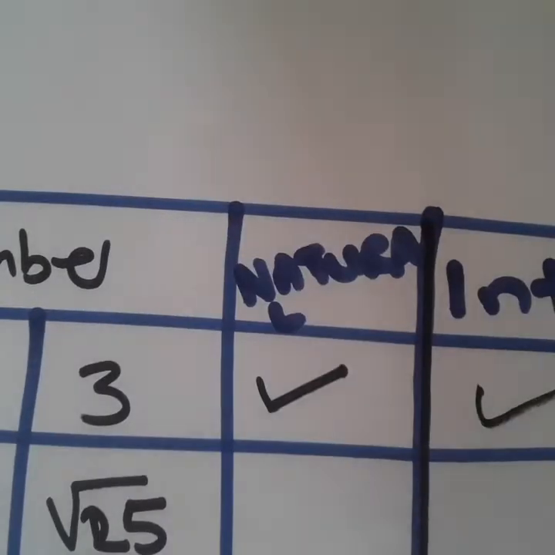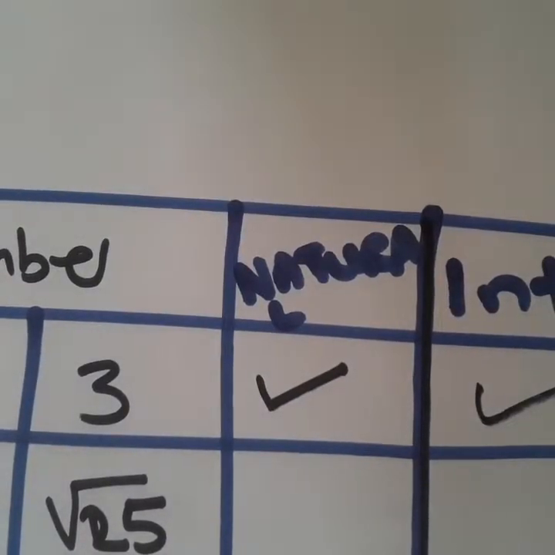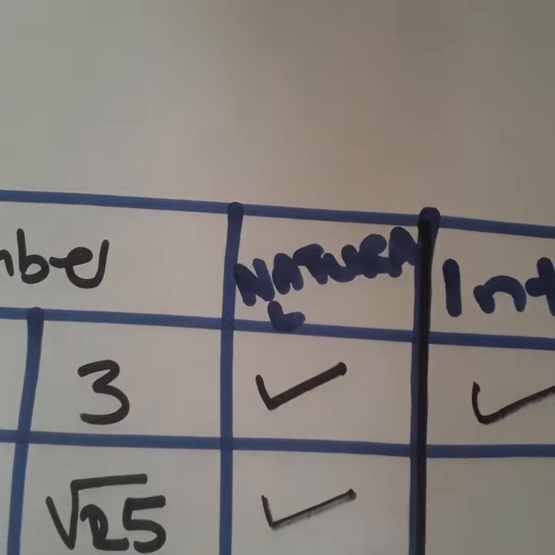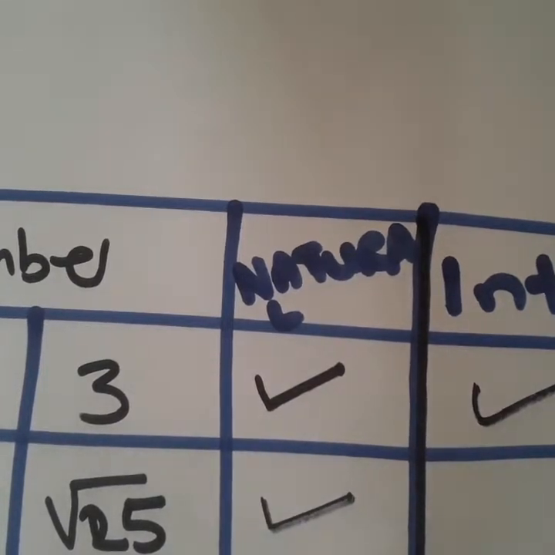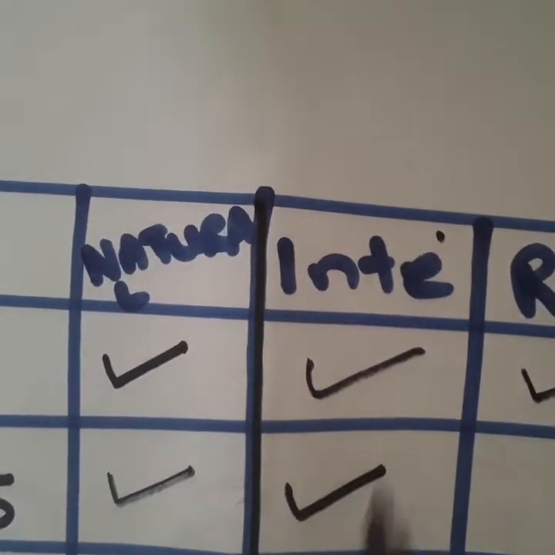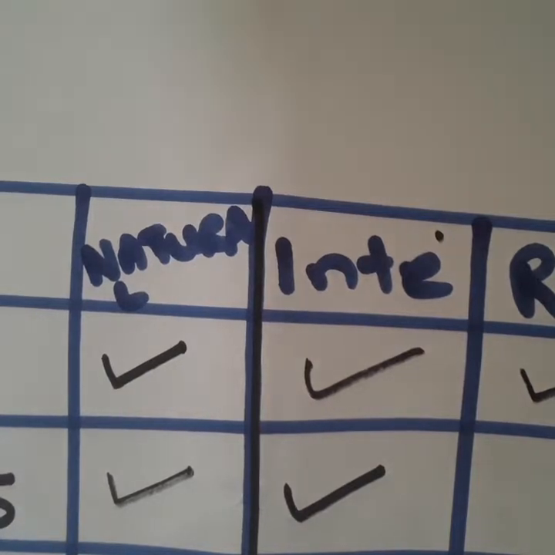So now let's check. Is number 5, which is the square root of 25, a natural number? Yes, number 5 is a natural number because natural numbers are positive integers, counting numbers. Now let's check. Is number 5 an integer? Yes, number 5 is an integer.